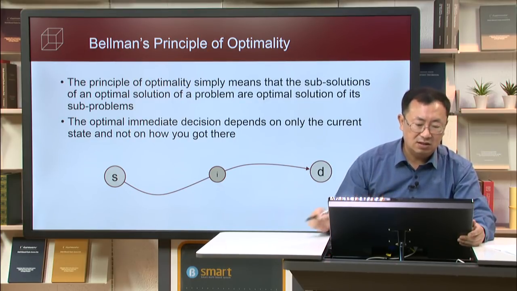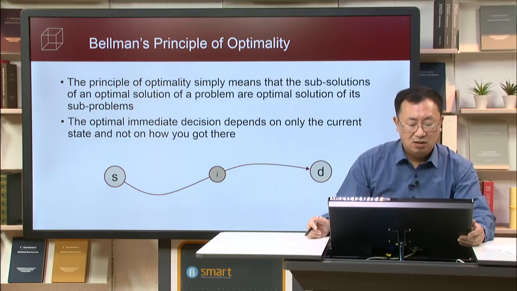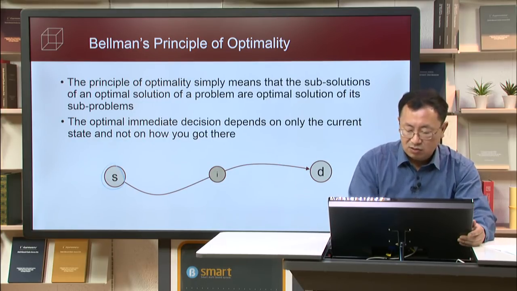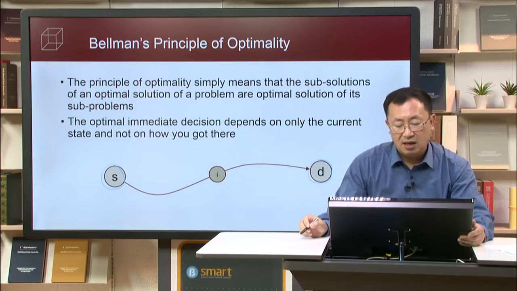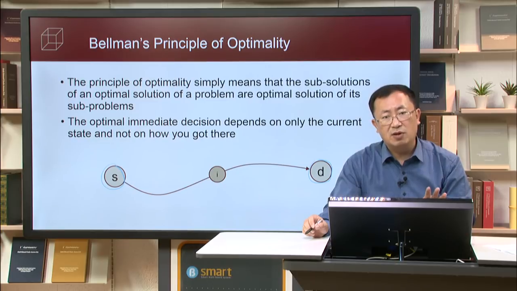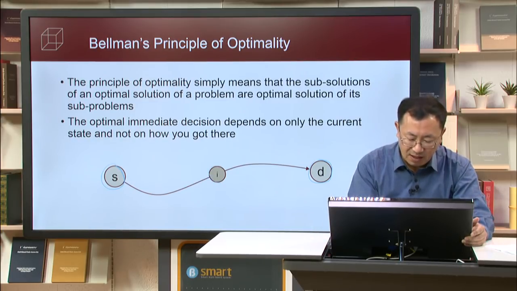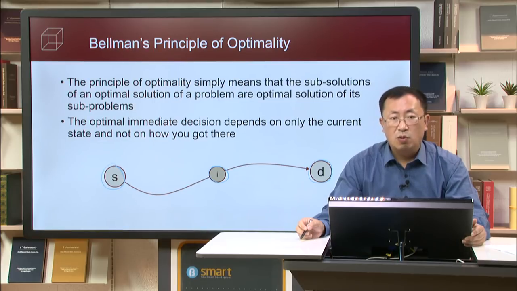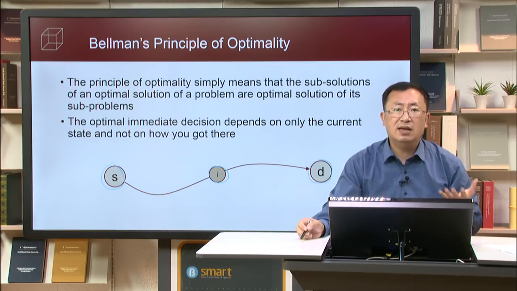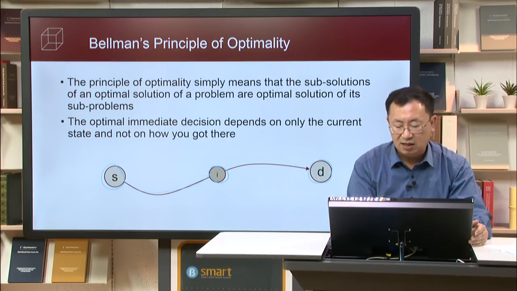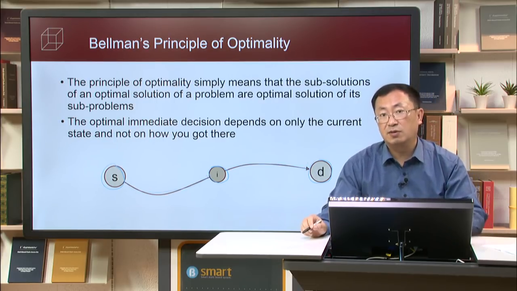Let's consider a problem to find the shortest path from node S to node D. And in that case, let's assume that the optimal solution passes by the node I. Then what can you say? What can you tell about the subpath from S to I and then I to D on this optimal solution?